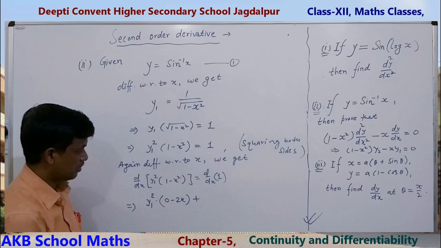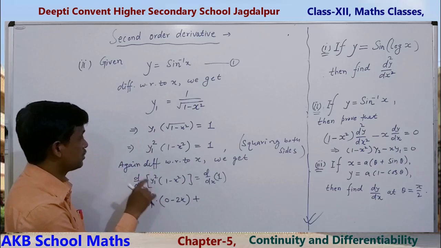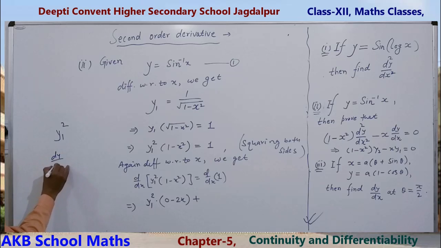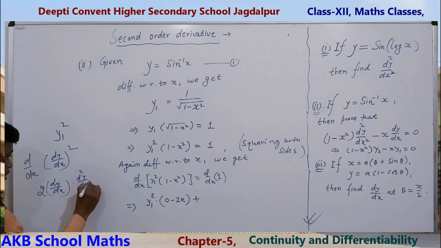Plus, first function y1 square, derivative of that, that means (dy by dx) square is again differentiating. So this is a single quantity, square function, so 2 of dy upon dx, and then again differentiate dy by dx with respect to x. This means second time differentiate, that is 2 y1 y2.